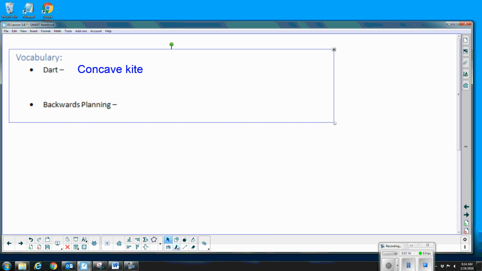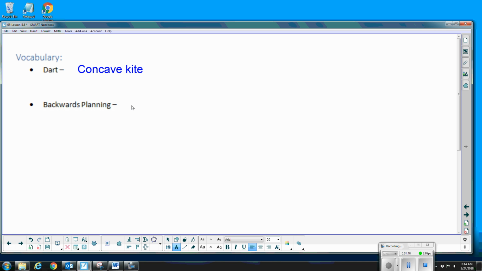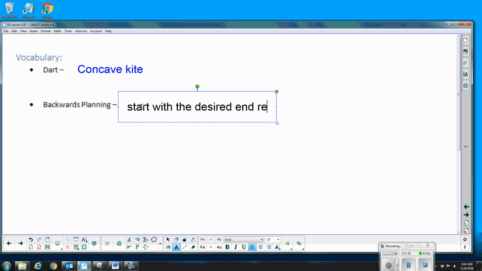And then the second key vocab term that we have is called backwards planning. And this is just a method that we're going to use as we start to lay out our proofs. So in backwards planning, you start with the desired end result and use logic to reason back into the given information.